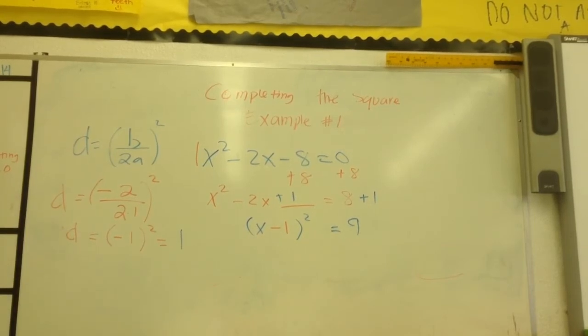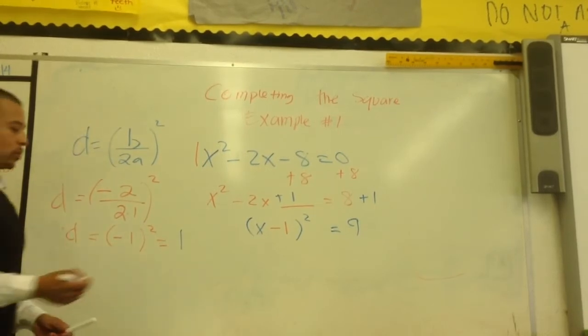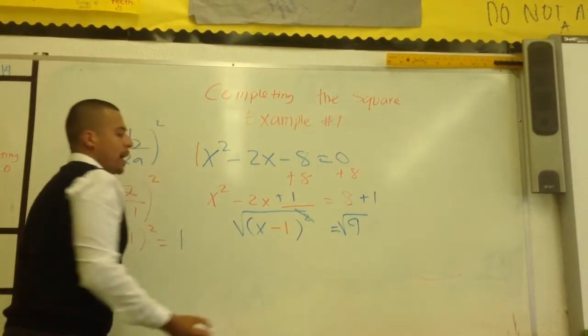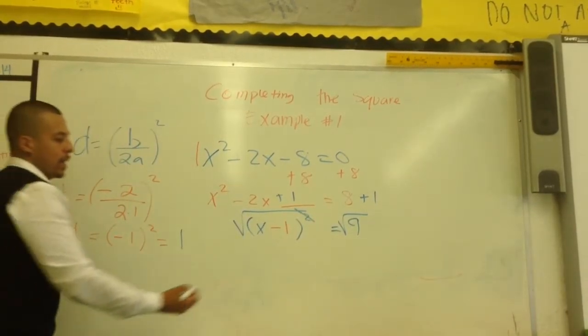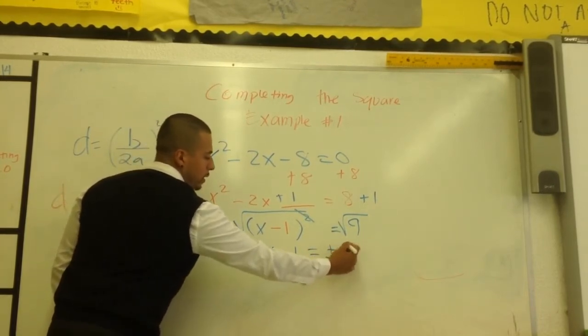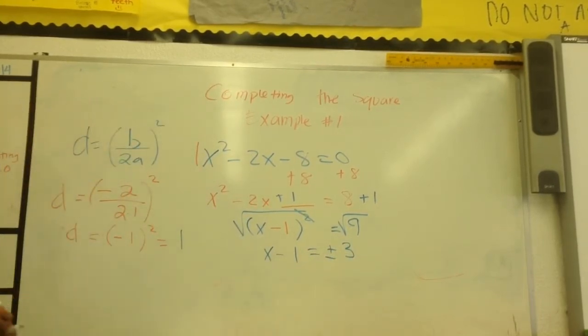Good job. And from here, what can I do to both sides since we did it in the warm-up already? Square root both sides. These cancel. And I get x minus 1 equals plus or minus 3. Good job. And this becomes 2 problems again.